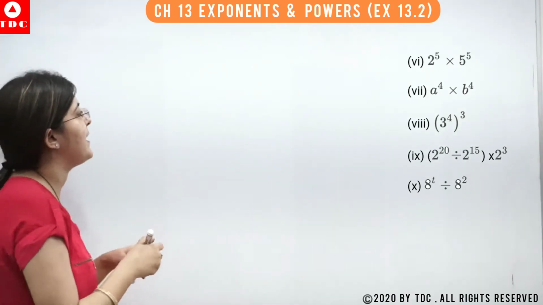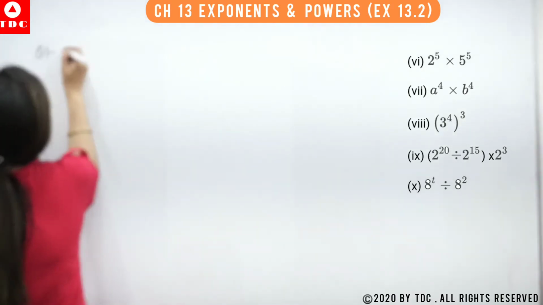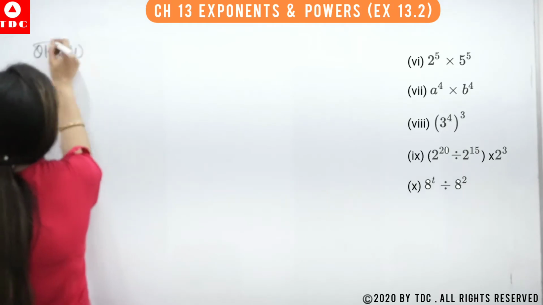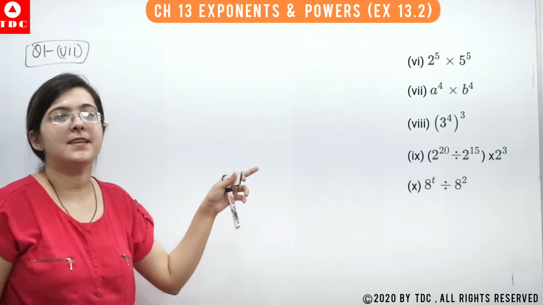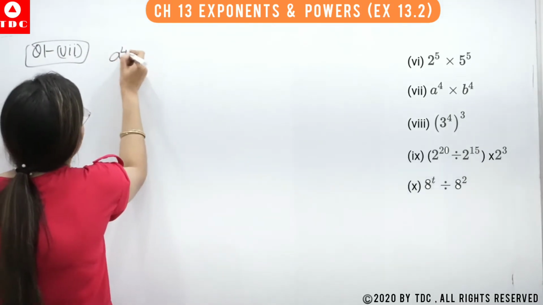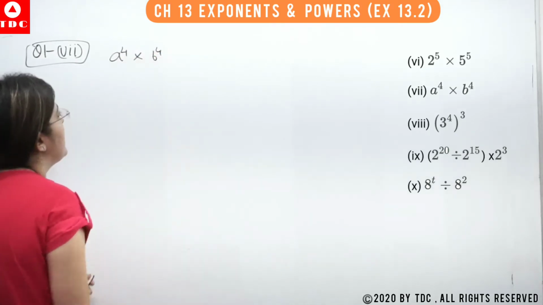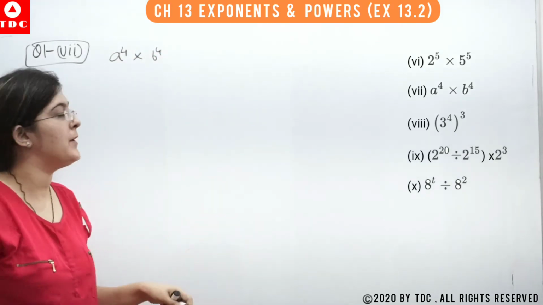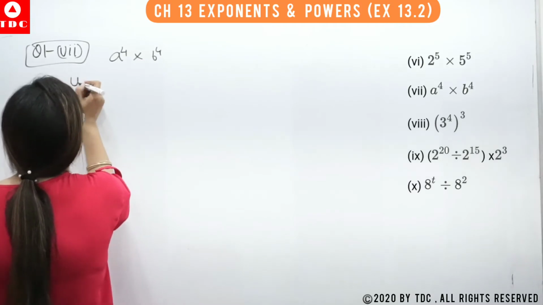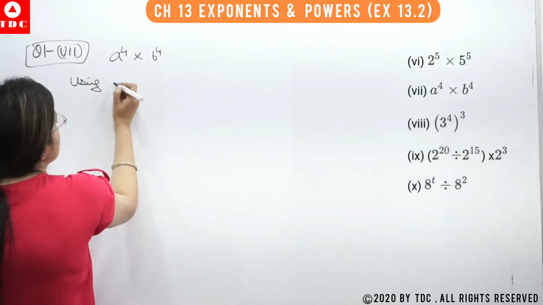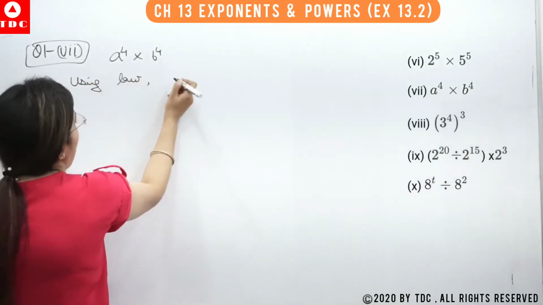See the seventh part, students, what it is. The seventh part is a to the power 4 into b to the power 4. Here what law we will use? Again the base is different, and the powers are the same.